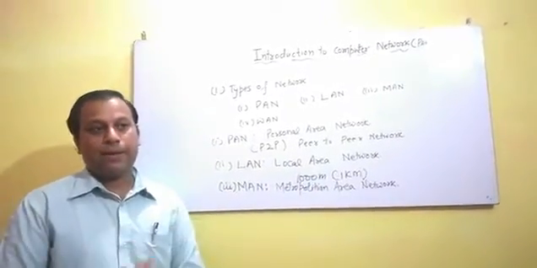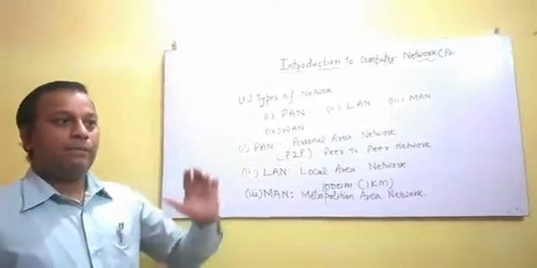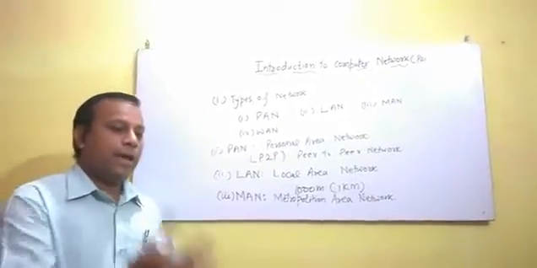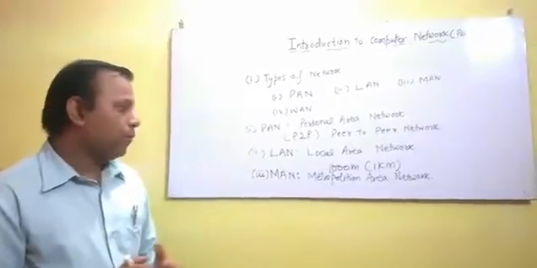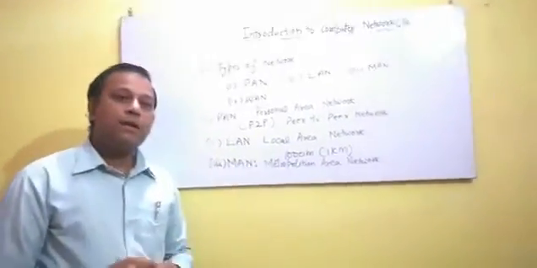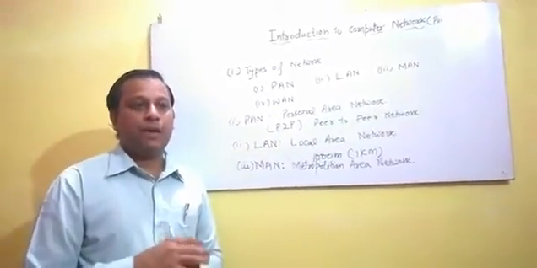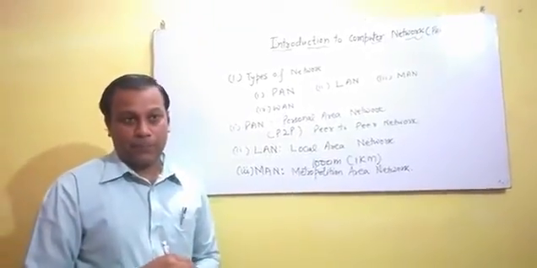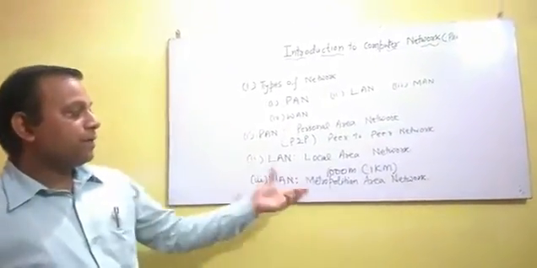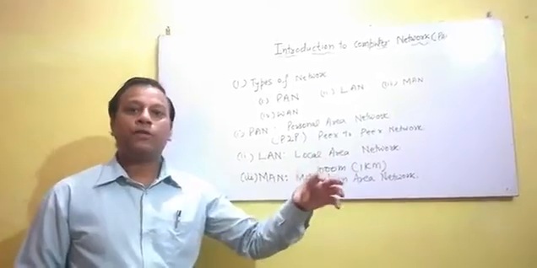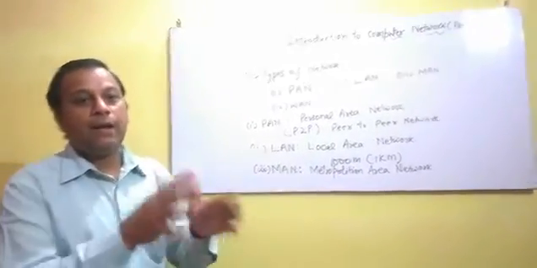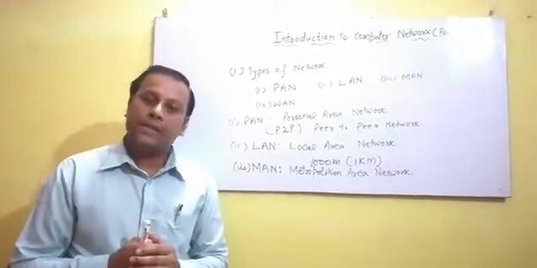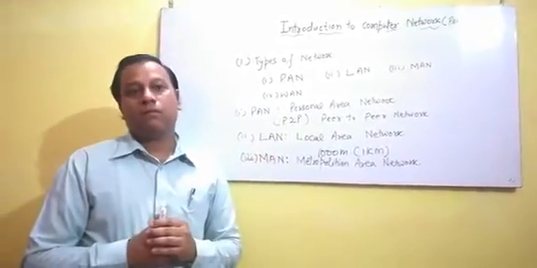But what is the utilization of the MAN? Let's understand that we have a bank in a very big city, let it be Calcutta, Delhi or Bangalore. Then we have the offices of J&K Bank, or let it be ICICI Bank. When we are talking about ICICI Bank, there are a lot of locations where they want to serve their clients. They cannot fulfill all the requirements of a city in one banking office.